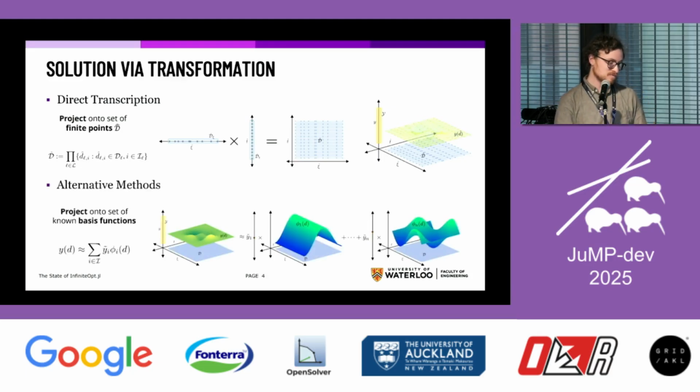But because we've modeled it in its original infinite dimensional form, you don't necessarily have to solve it that way, and we're also investigating other types of solution techniques, like projecting onto functions, to also give you a finite dimensional problem to solve. So we're decoupling the formulation from the technique you use to ultimately solve it.